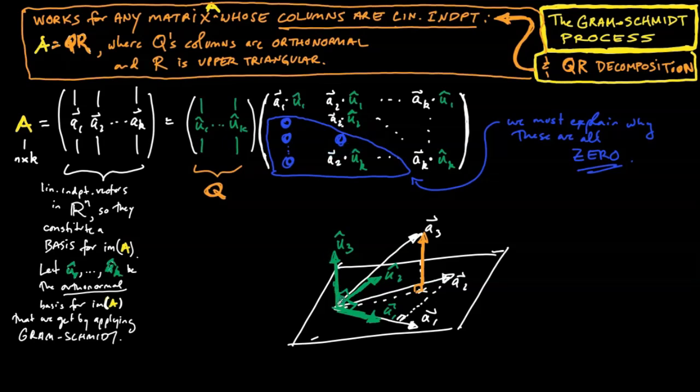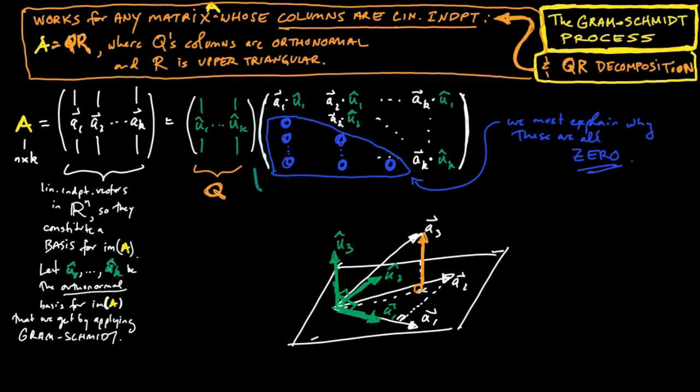Well, U4, wherever it is, sticking out into four-dimensional space, is, by construction, perpendicular to everything in the span of U1, U2, and U3. Well, that includes A2, which lies in that span. So that entry would be 0, and we would get zeros all the way down in that column. And indeed, that is going to continue all the way to the end.